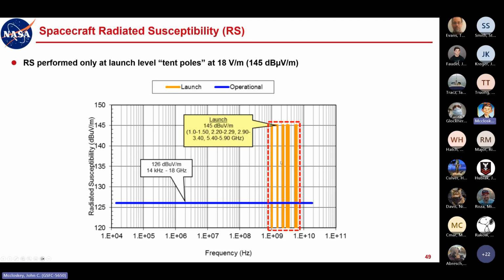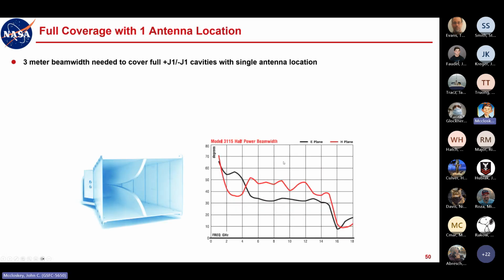So we have these discrete frequency ranges, these discrete tent poles, between 1 and just under 6 gigahertz. All right, so that's what we tested. And we were able to get full coverage with one antenna location.